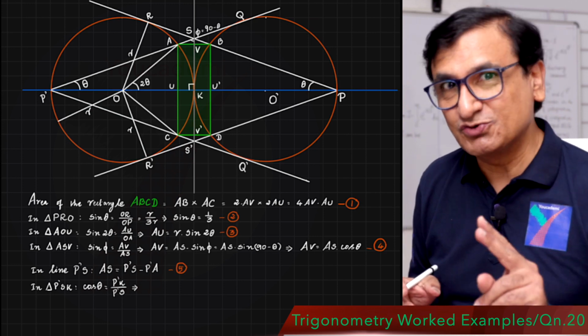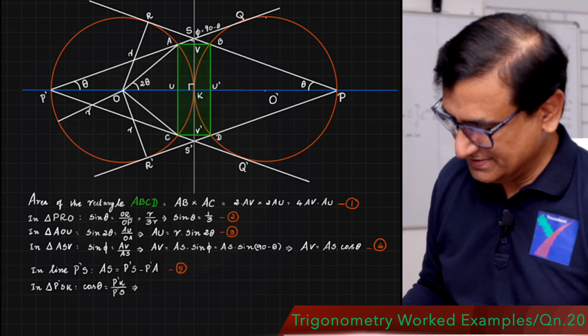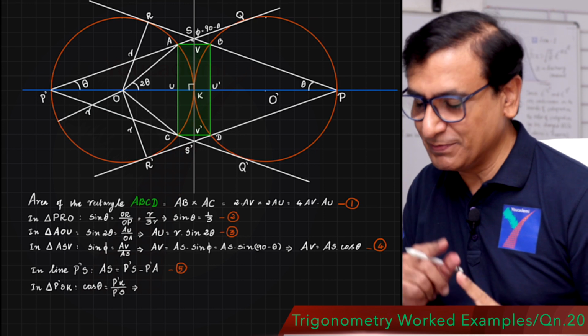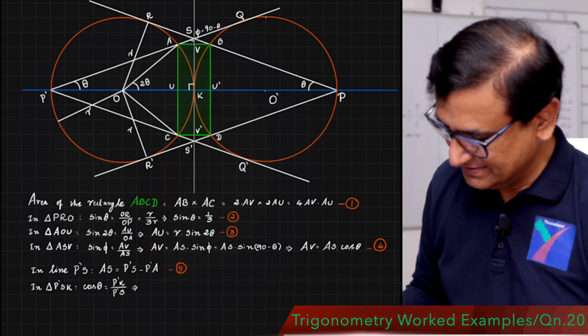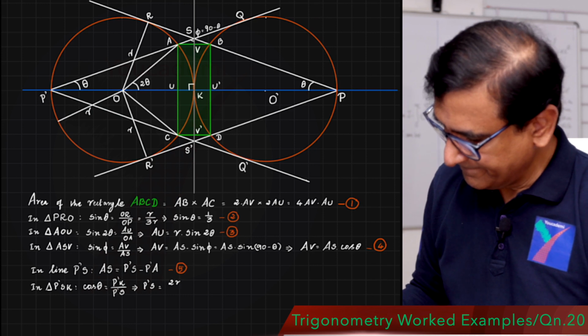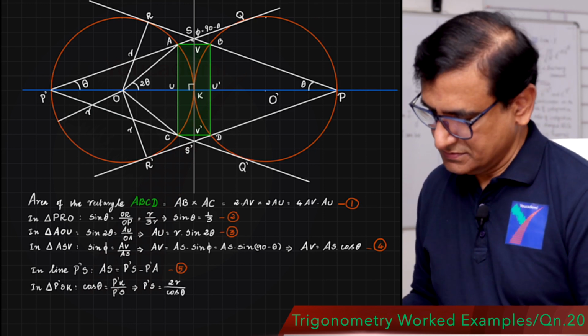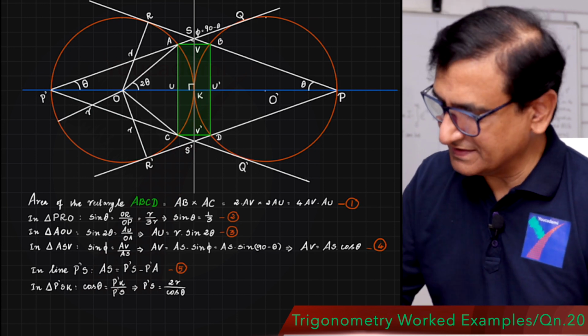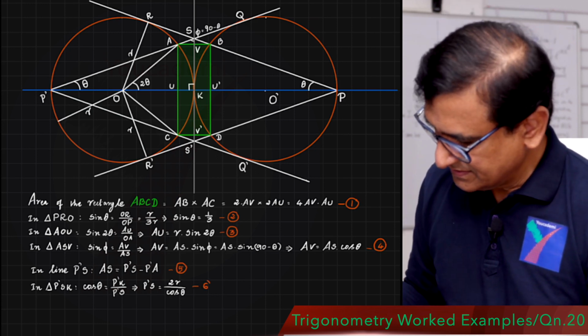P prime K is twice the radius, that is 2R. P prime K is the diameter of the circle O. Therefore, P prime K is 2R. Let me call this as equation number 6.